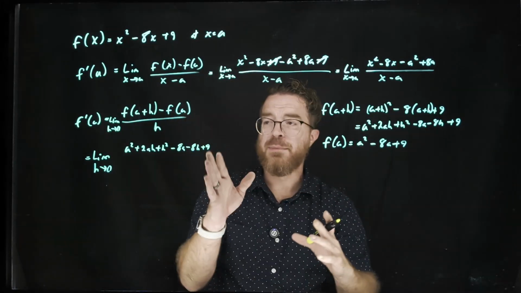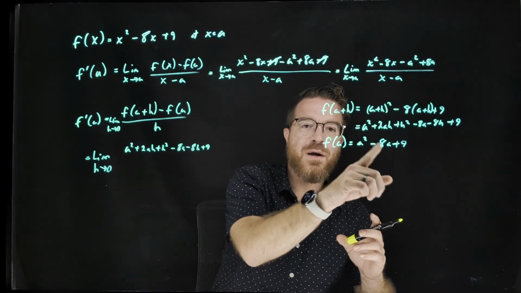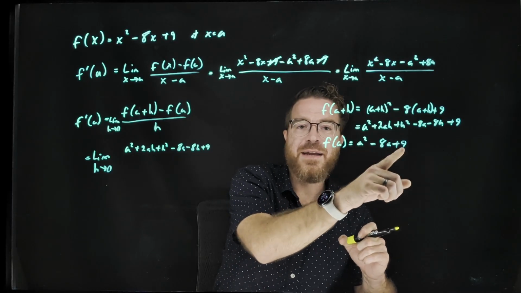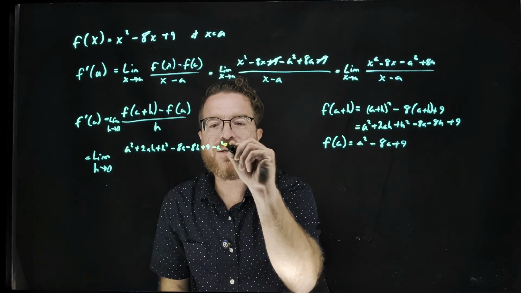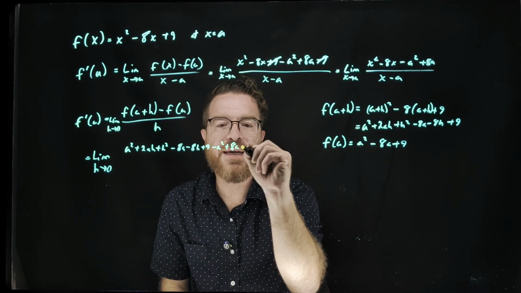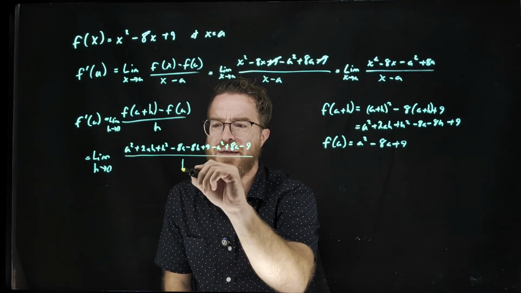And then, remember, it's minus f of a. So all these terms, a squared becomes minus a squared, negative 8a becomes positive 8a, and plus 9 becomes minus 9. So this is going to be minus a squared plus 8a minus 9. And then all of this is divided by h.